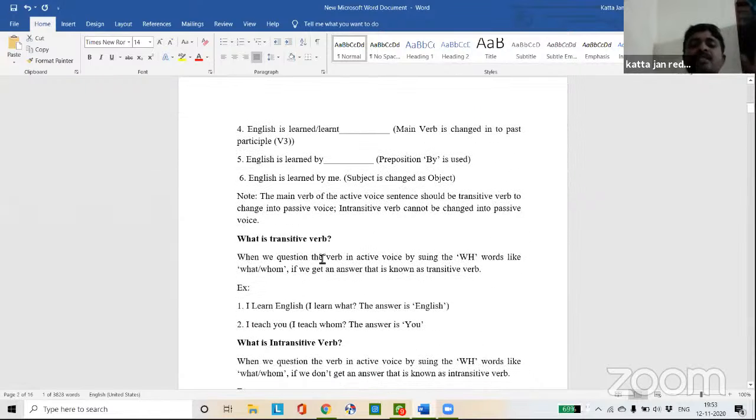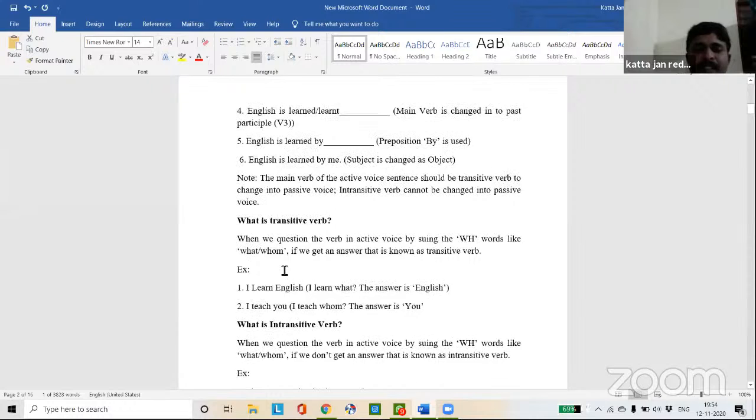Okay, then what is a transitive verb? When we question the verb in active voice by using WH words like what or whom, when we get an answer, that is known as a transitive verb. Let me make this clear.